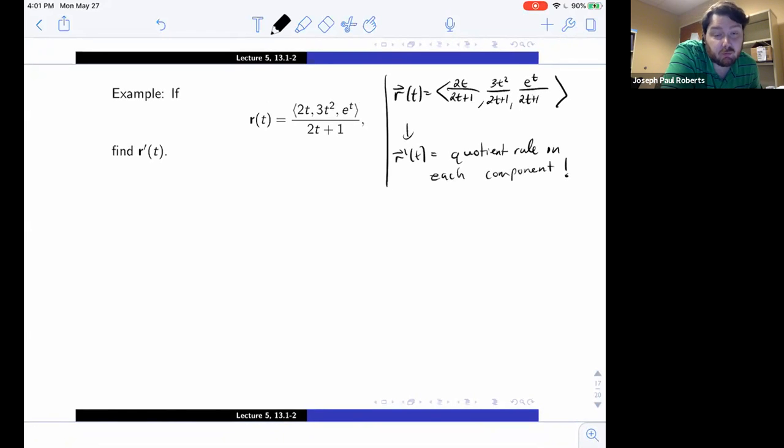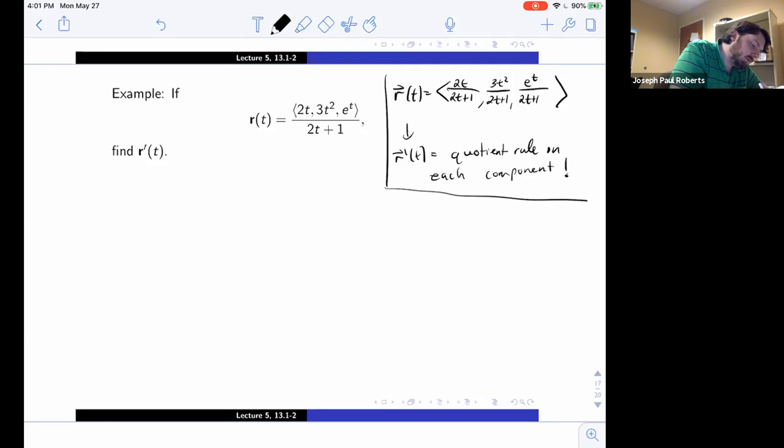Remember the good old quotient rule, or the bad quotient rule? I don't know. I hate the quotient rule. I try to avoid doing it whenever I can. So I'm going to show you a way to get around it. But you can't just ignore it entirely, obviously. But yeah, that's one way you could do this.